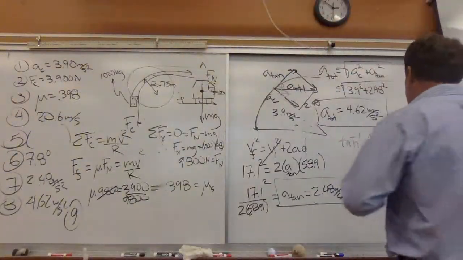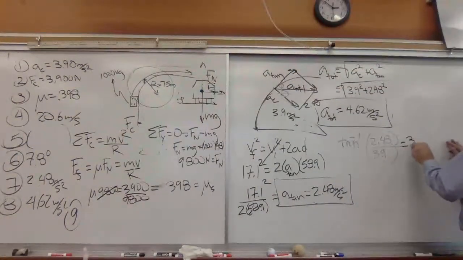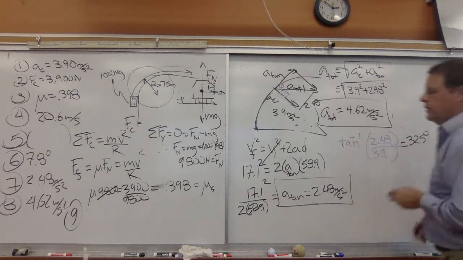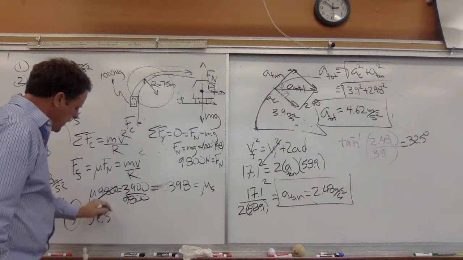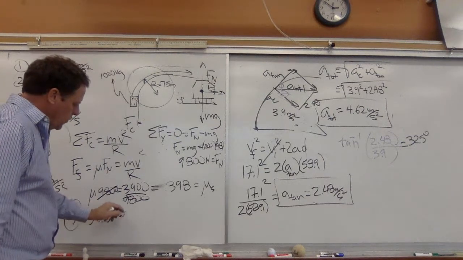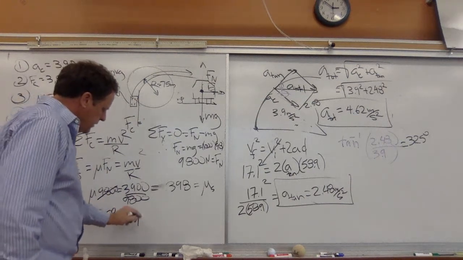We'll round that to 32.5 degrees, and that's with respect to the radius.